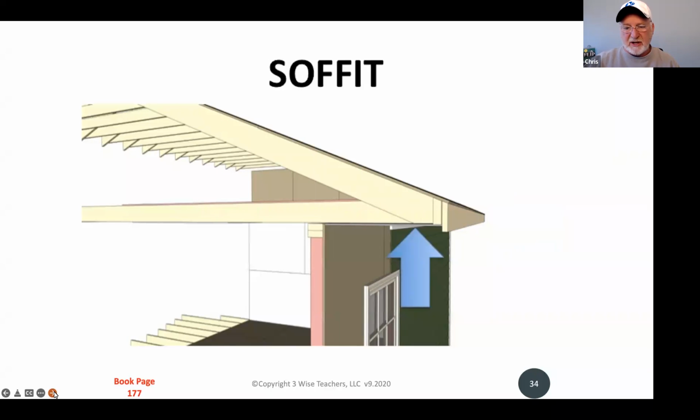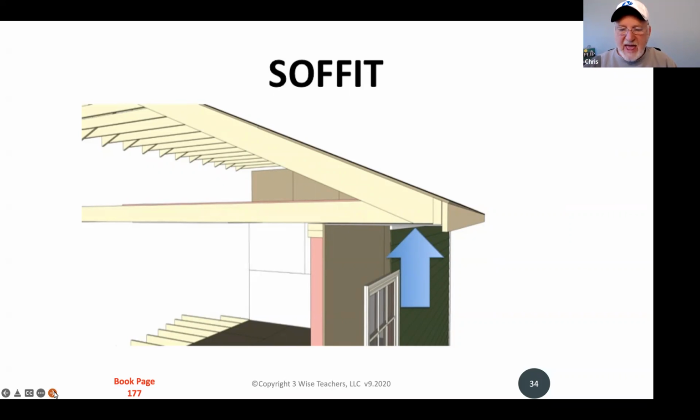Let's continue to take a look at the eave and notice that there is also what's known as a soffit. If you can see what that's pointed at, as the eave hangs over, there is an underside to that eave, and that is the soffit. That soffit is often perforated. The reason it's perforated is it allows for air to flow through the attic.